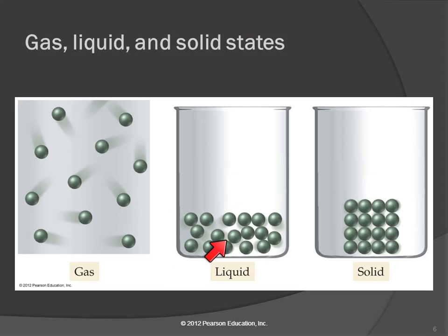It reminds me of a cattle feedlot where all the cows are just kind of milling about. And in a solid, the particles are fixed relative to each other. So this one is always to the left of that one. That would be like cows in the stalls, and Bessie is always next to Sally, because they're stuck in their stalls and they can't move away from each other.